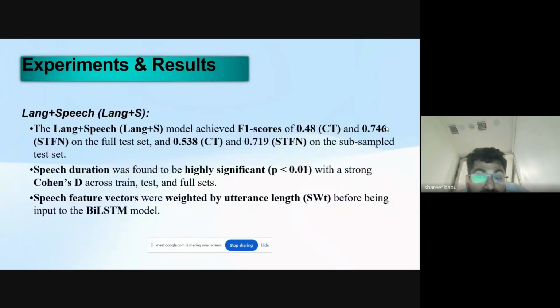At the end, we tried language plus the weighting with the duration, and the duration as a feature. All these three combinations were provided to the model, and this gave us the best combination for identifying the change talk and the non-change talk.